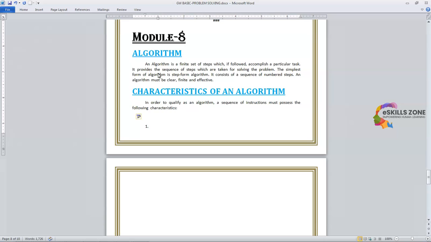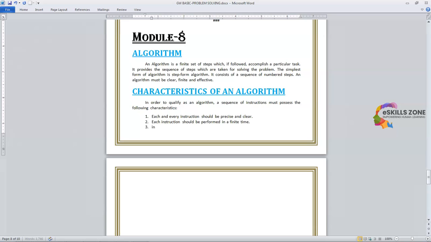Number one, each and every instruction should be precise and clear. Number two, each instruction should be performed in a finite time.